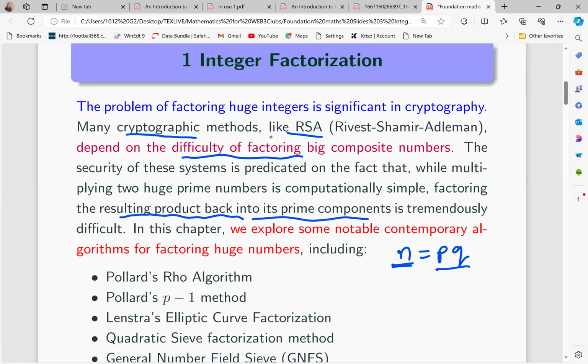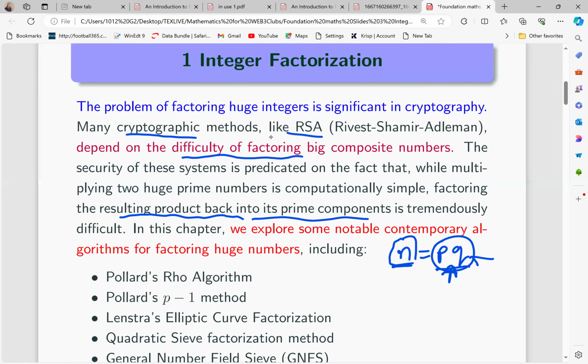They know it's impossible for anybody to factor this, and it is almost impossible if these two numbers are very huge.